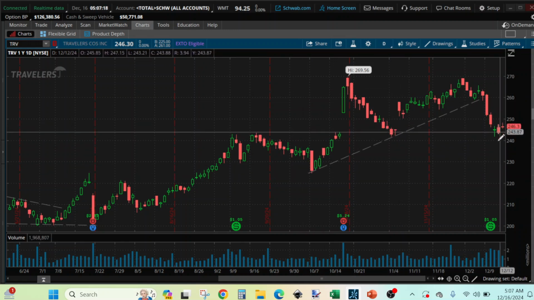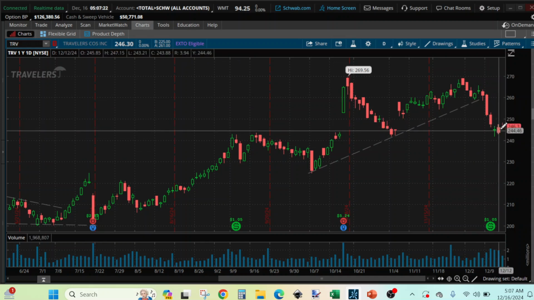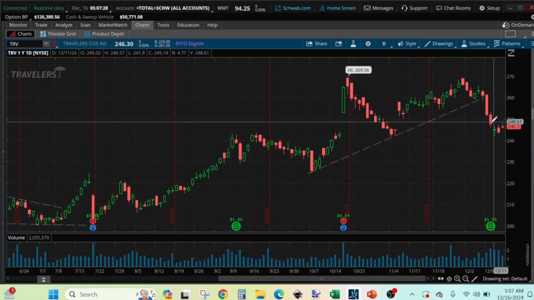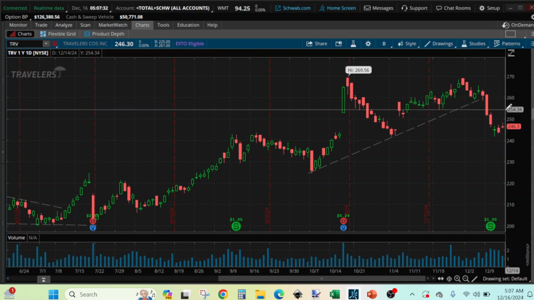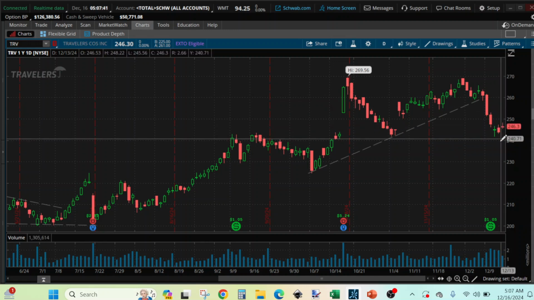Does that make sense? So I need two low points to trace the trend line. And right now I'm having two consecutive lows. That does not mean anything to me. I need to see it going up, and I need to see a pullback and start going up again, and that way I know that the pullback ended, and then I can connect that low to this low and trace that line, and then start trading it on that line.